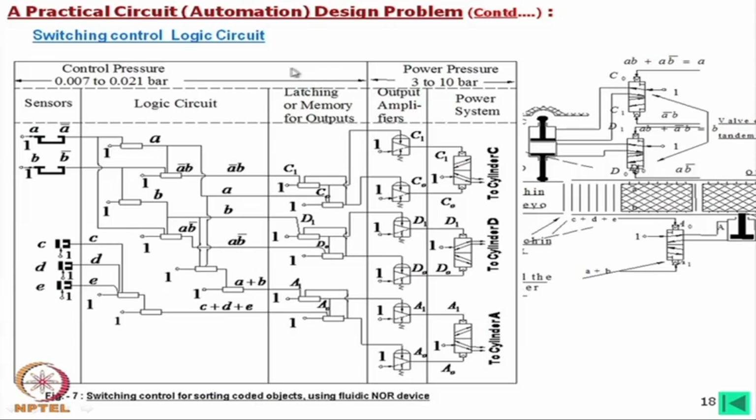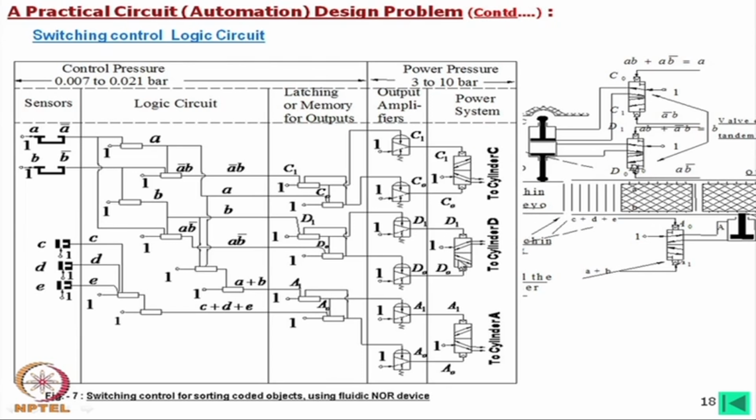Here the memory devices are put over here, and then these are output amplifiers. It is going to C1 and this is going to C0. So, if this operates then this will not operate, that means these are to operate the cylinder either for retraction or full extension conditions.